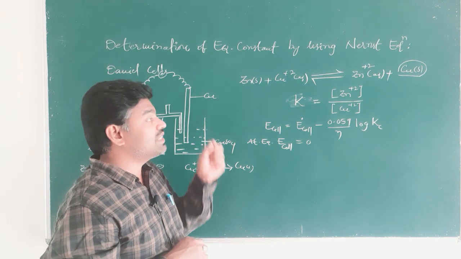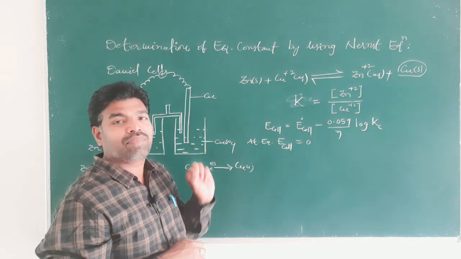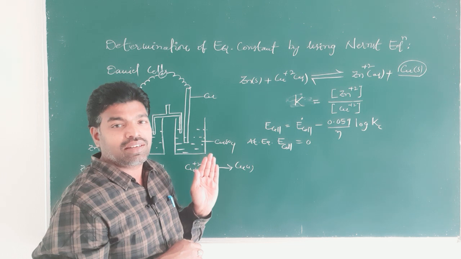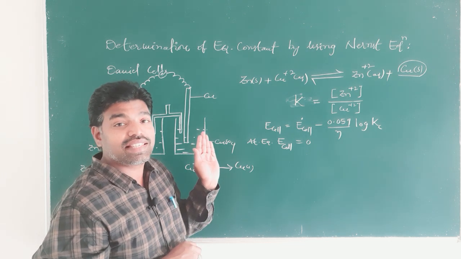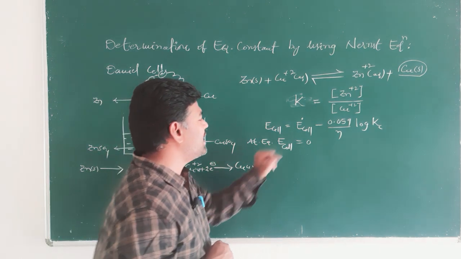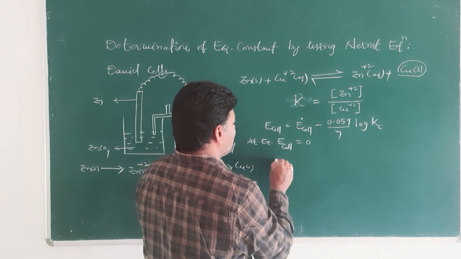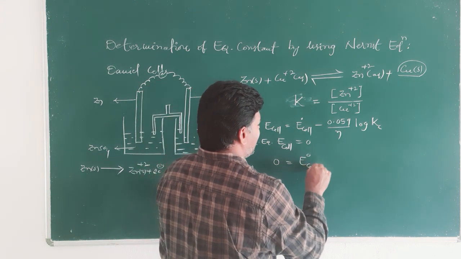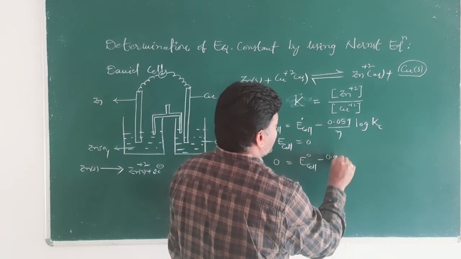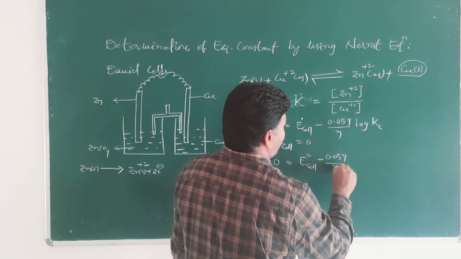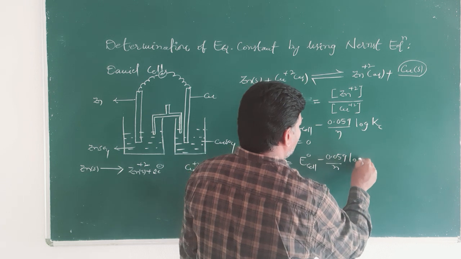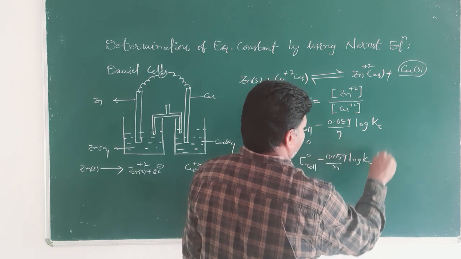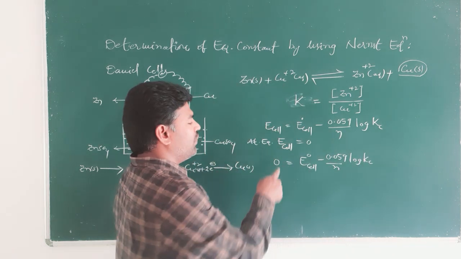That means at equilibrium, E cell is 0. So substitute E cell as 0 in E naught cell minus 0.059 by n log Kc.